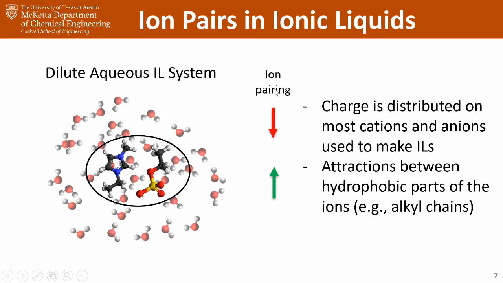We would anticipate that because the charge is distributed on most of these cations and anions over many atoms, that would cause ion pairing to go down. On the other hand, we could have attractions between parts of the cation and the anion, for instance, hydrophobic parts like alkyl chains, that would increase ion pairing.